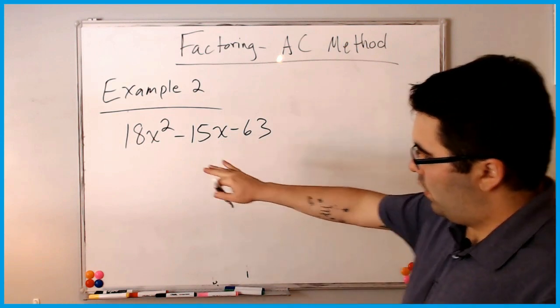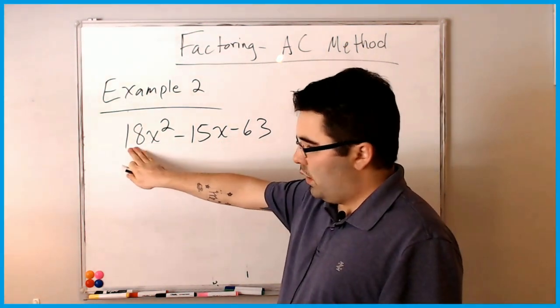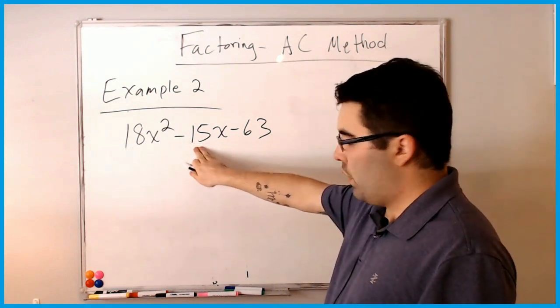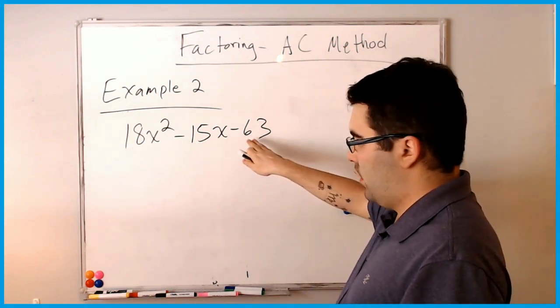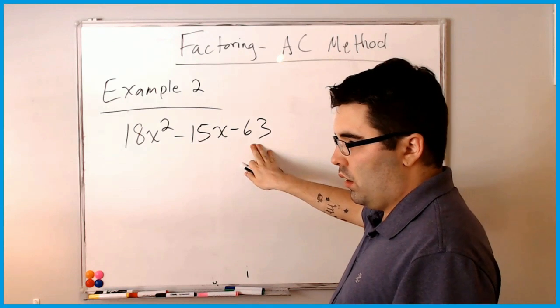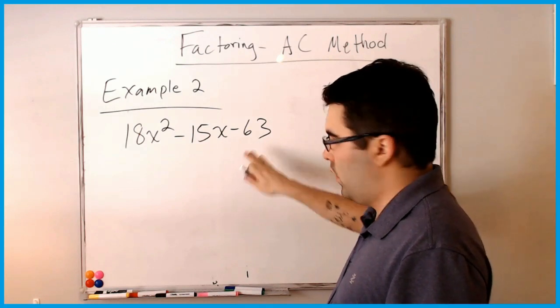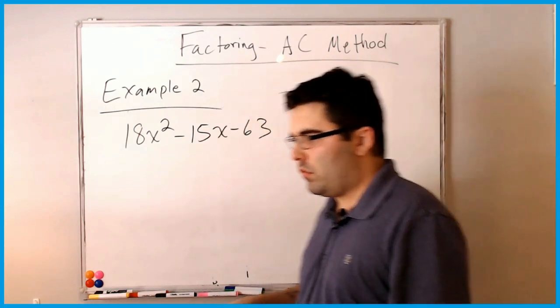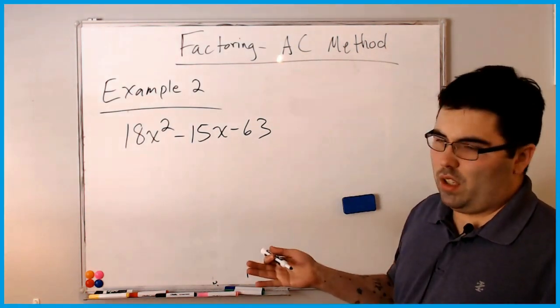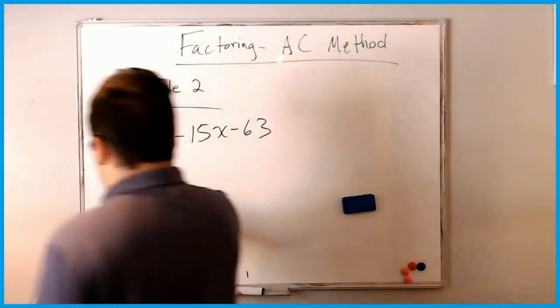So if I look up here, 18 is divisible by 3, 15 is divisible by 3, 63 is divisible by 3. So I'm going to use that to my advantage, basically. So if I factor out a 3, it looks like this.